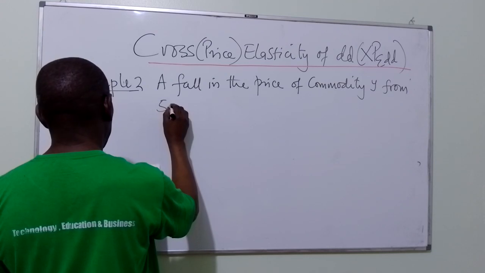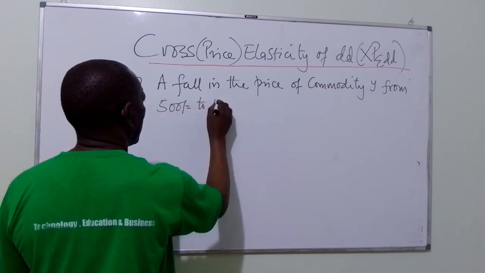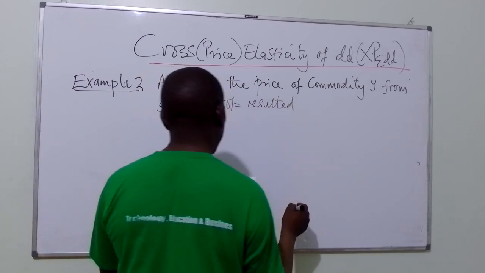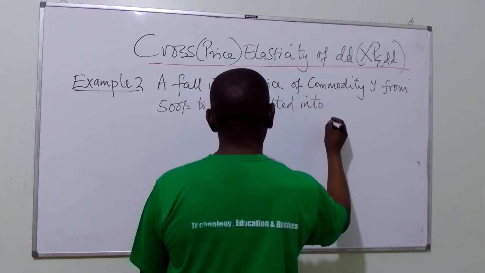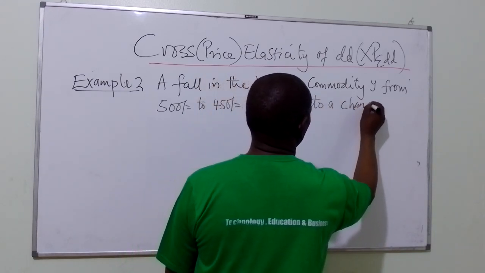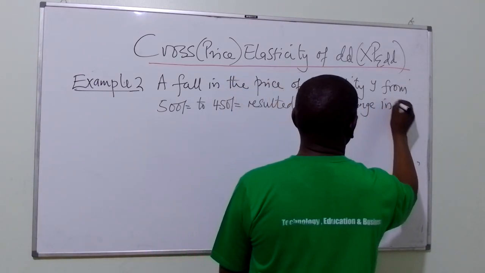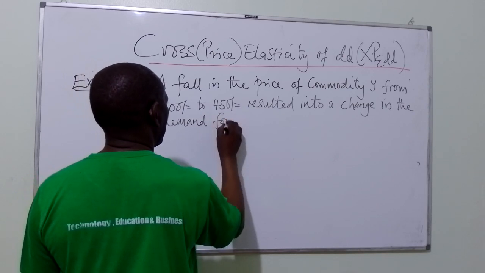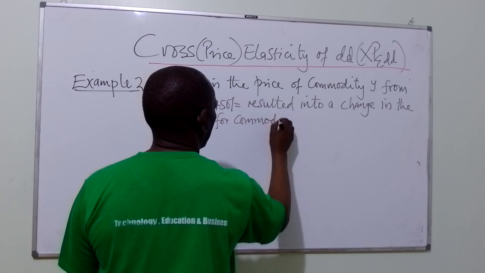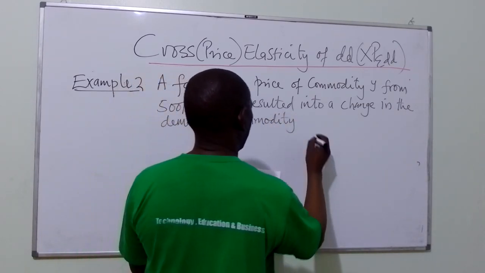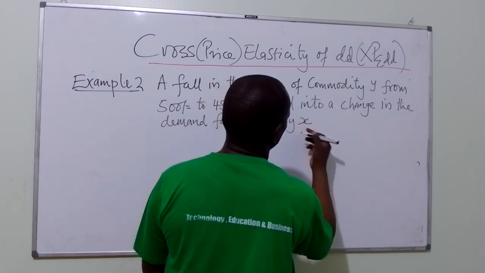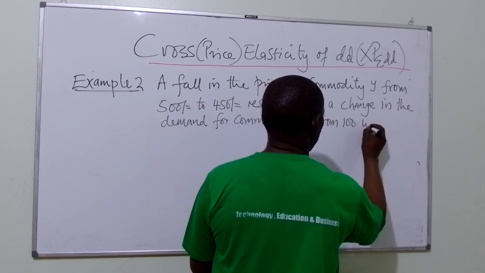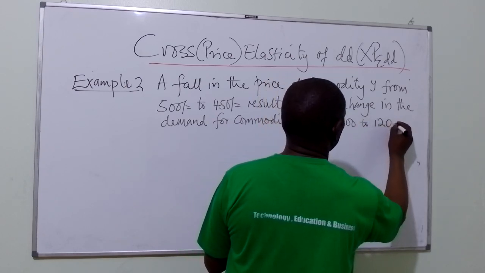from 500 shillings to 450 shillings, resulted in a change in the demand for commodity X from 100 to 120 kilograms.